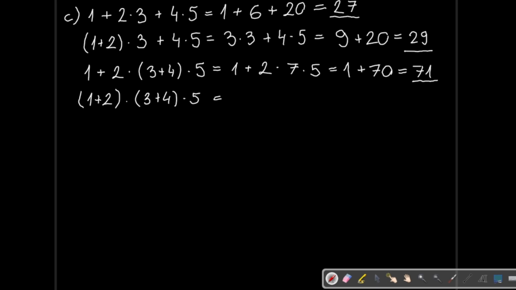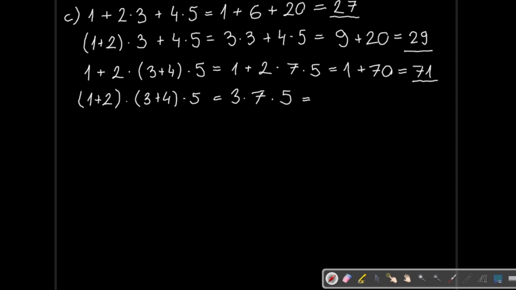Final case, we have 2 brackets. The first bracket, the second bracket, and the third bracket. Yep. Alright, we just need to multiply 3 numbers here. Unfortunately, this time we can't get a multiple of 10.